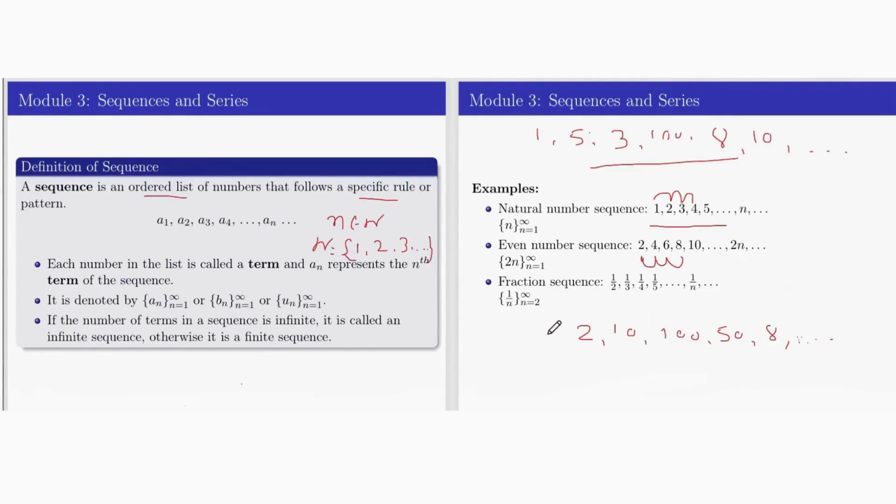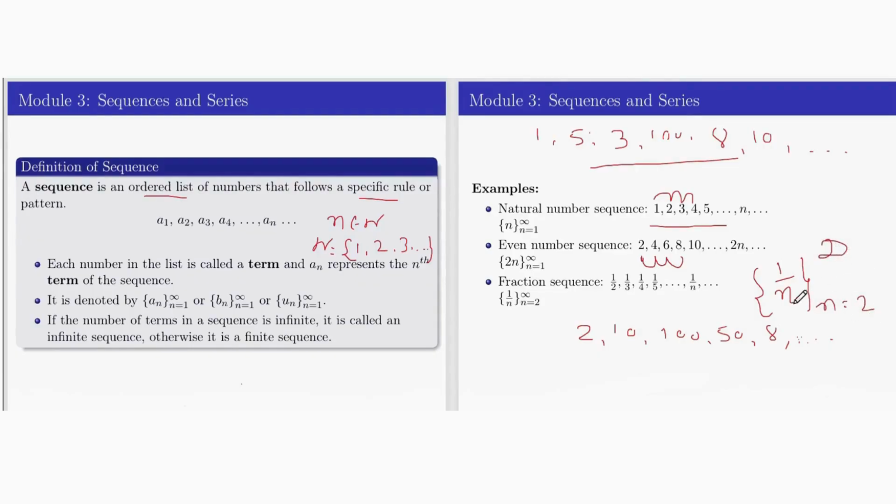Now the next example, the fraction sequence: 1 by 2, 1 by 3, 1 by 4, 1 by 5, 1 by n, and so on. Now observe the elements of this pattern. What do we observe? Every time 1 is divided by n, and n belongs to the natural numbers. Here the first element is 1 by 2, so n is from 2 to infinity.